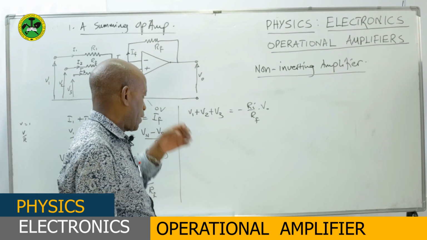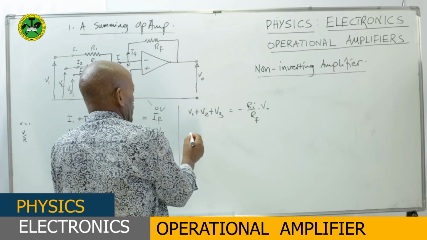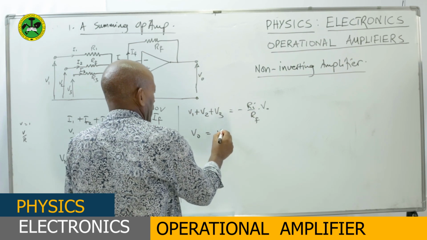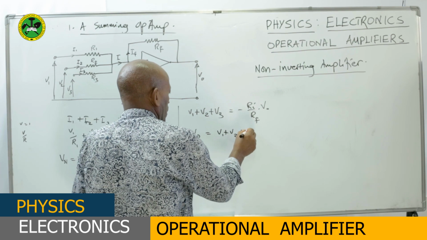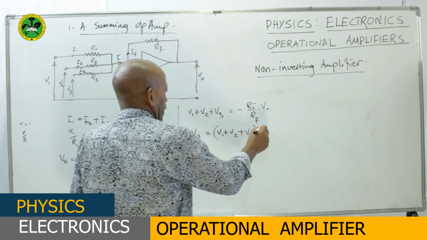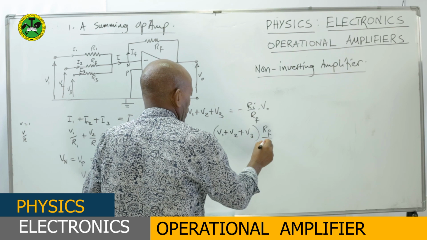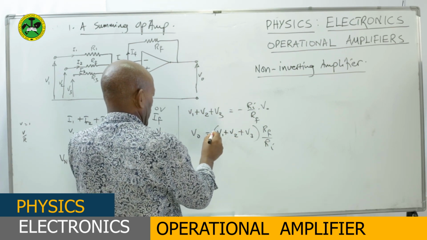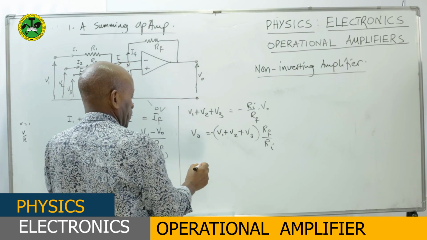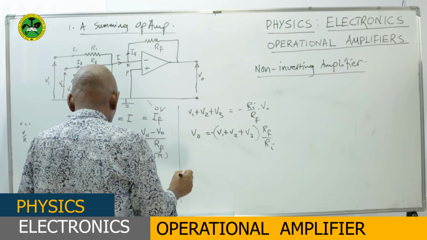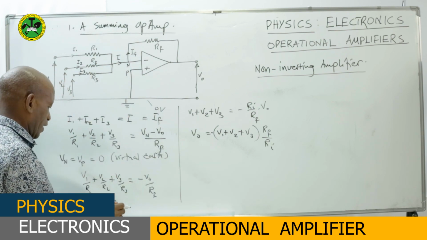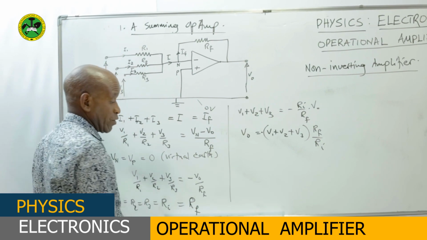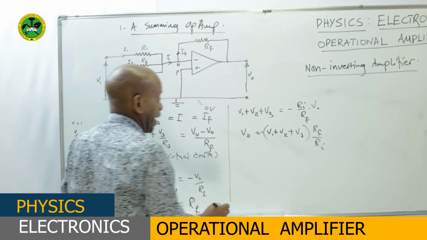Therefore, if you transpose and make V0 the subject of the formula, you'll have V0 equal to V1 plus V2 plus V3 times Rf over Ri, with the negative sign there, of course. If we take R1 equal to R2 equal to R3 equal to Ri, and we take this to be equal to Rf, then we get the whole concept of addition.